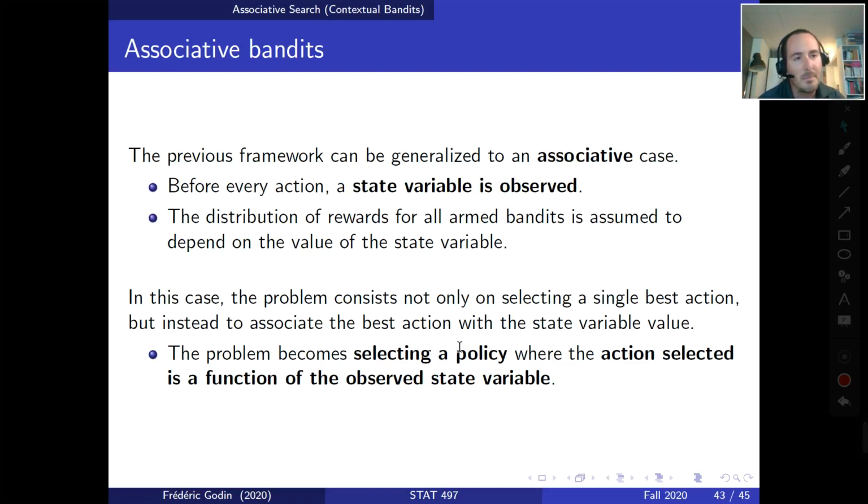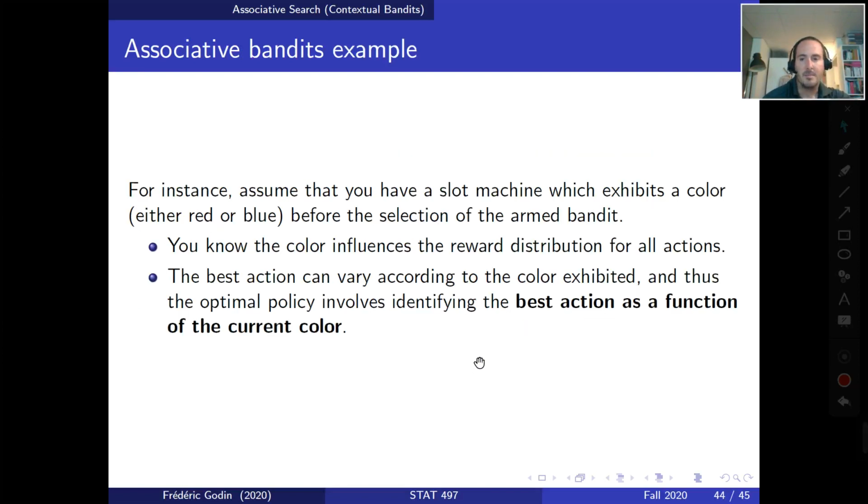In state 2 maybe it's action C. In state 3 maybe the optimal is action B. So here the problem becomes selecting a policy, where the policy consists in selecting an action as a function of the observable state variable. Okay, so maybe this is abstract, but let's use a more concrete example.